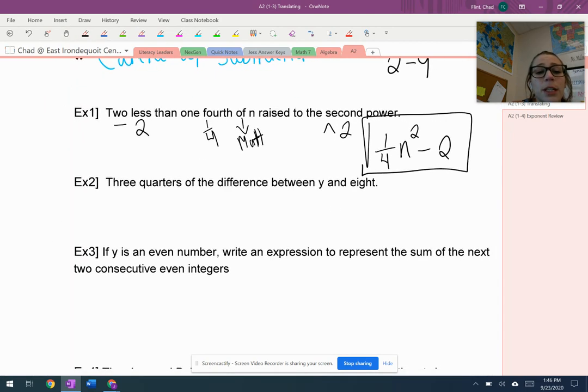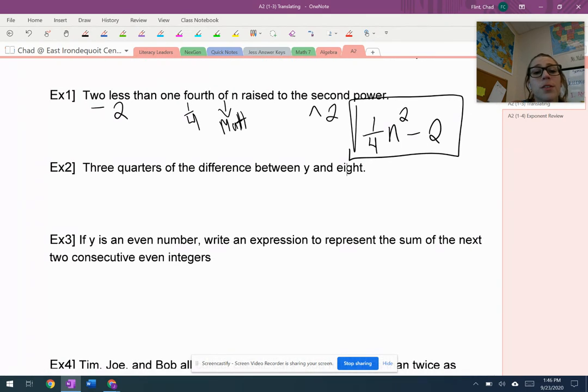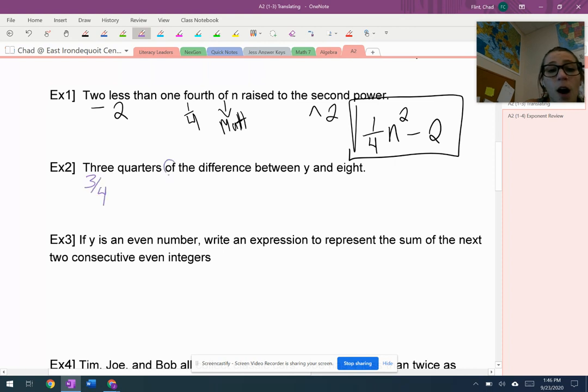Look at example 2. 3/4 of the difference between y and 8. So first thing I'm noticing, 3/4 of, again, that of is multiplication. When they're talking about a fraction of something, that's multiplication. So 3/4 of the difference, we know that difference is subtraction between y and 8.